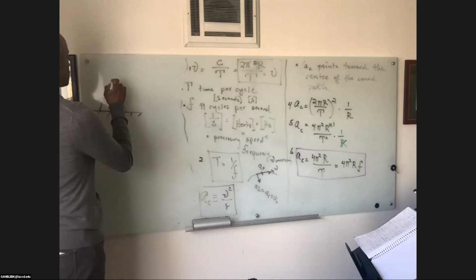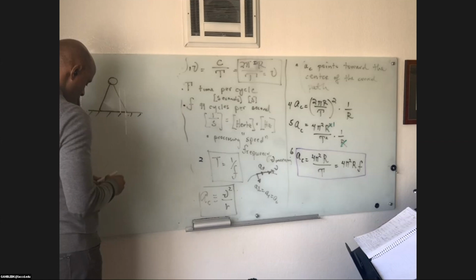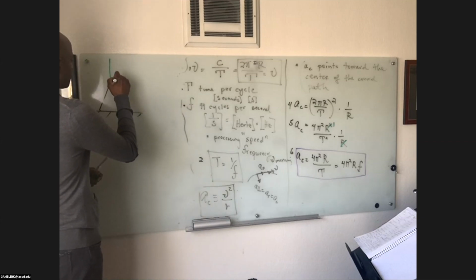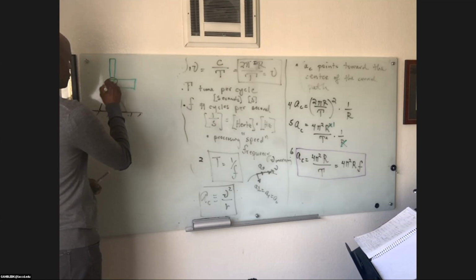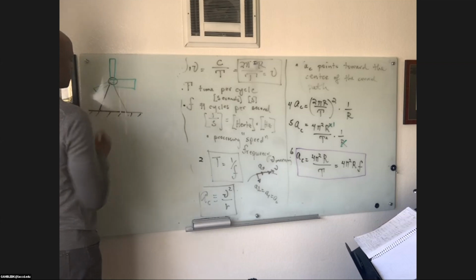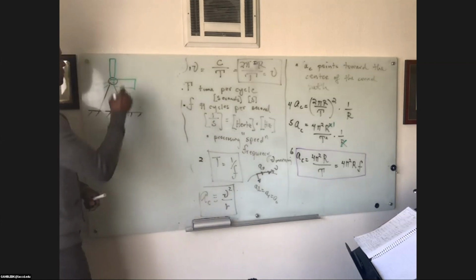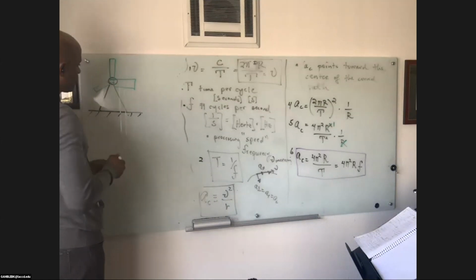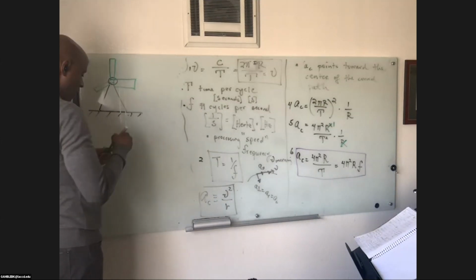Here we've got a little circular thing, and the wings come out like this. So we've got 3 wings. It's spinning around, right? And so we can say that the radius, r, is 6 meters.